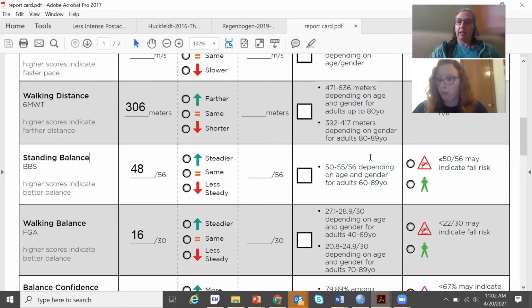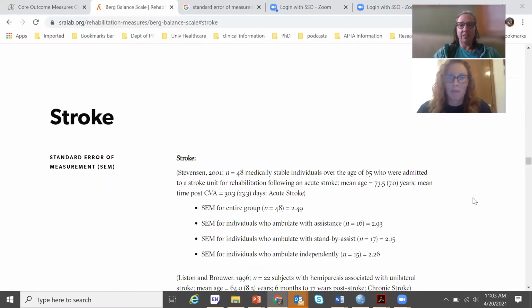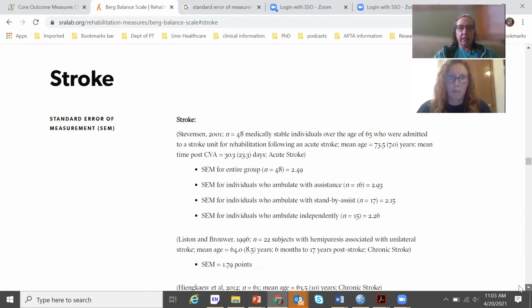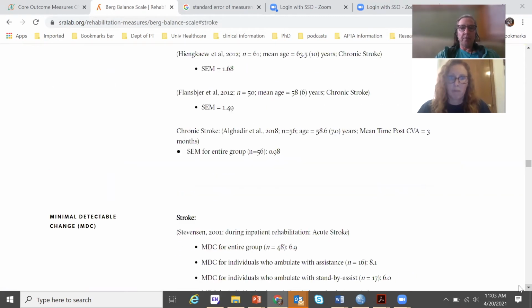Okay, and here we have that for older adults, 50 is considered a fall risk. Okay, so you mentioned the standard error was 2.5 for stroke. And let's just take a little bit for chronic stroke. There's another interesting point. Standard error of measure is 0.98. So 47, 48, 49.